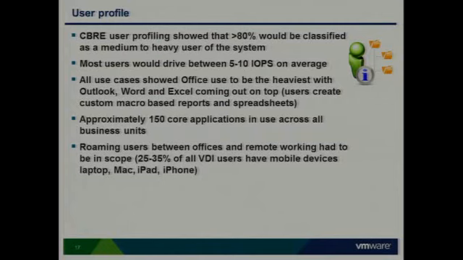We do have some remote workers as well, but maybe 25-30% of people are roaming. And we've also got lots of people using mobile devices like iPads, iPhones, like you saw today. And we actively encourage those guys to access their VDI desktops on those devices, because really it's a good PR exercise for us, and it gives them an incentive to do it as well.